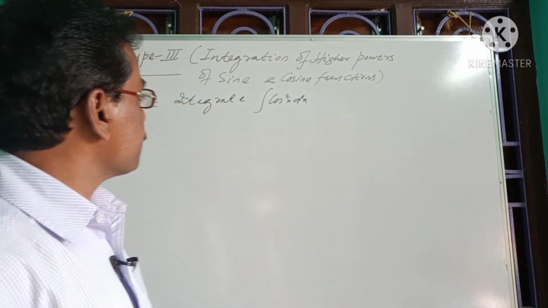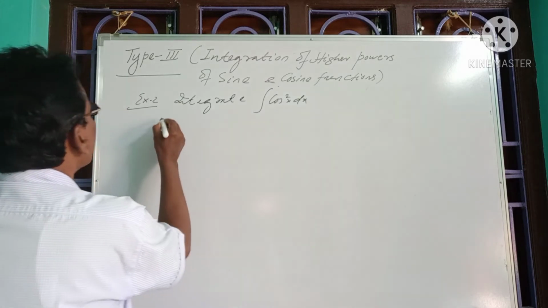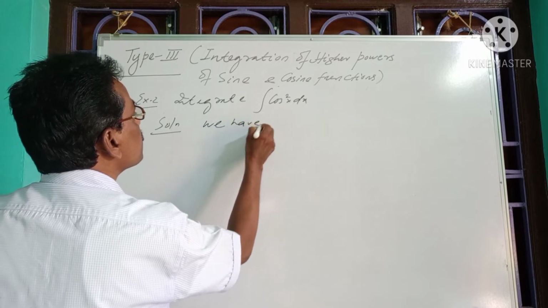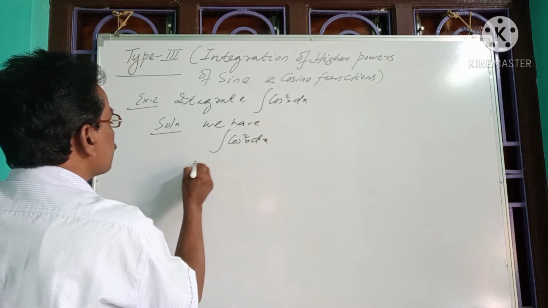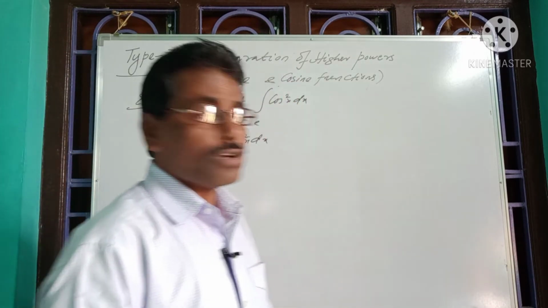So applying that method, we may recall the formula for cos 2x. In the process of solution we have the integration of cos square x with respect to x. We know that cos 2x is 2 cos square x minus 1.